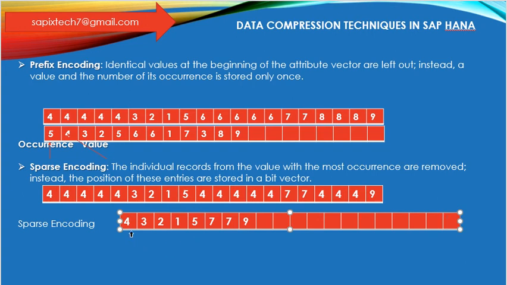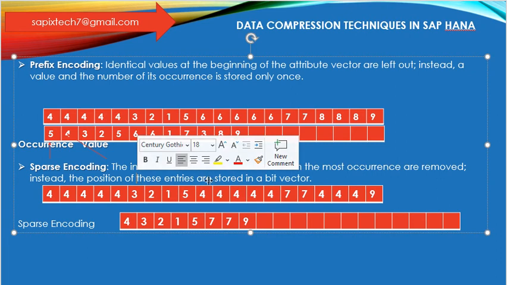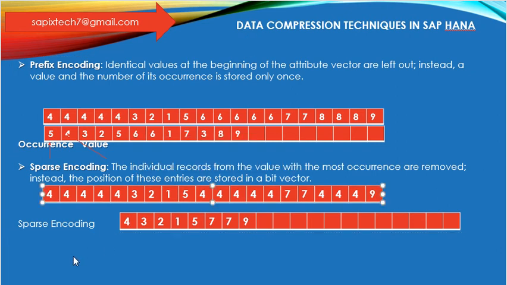But how will you find out, because your actual data is this, but how would you know that the data from here has been removed? So the positions of these entries are stored in a bit vector.